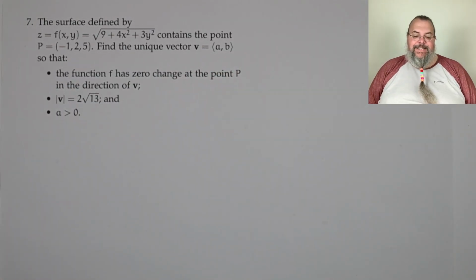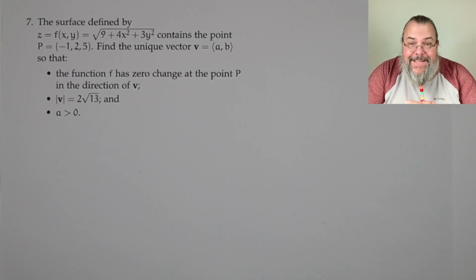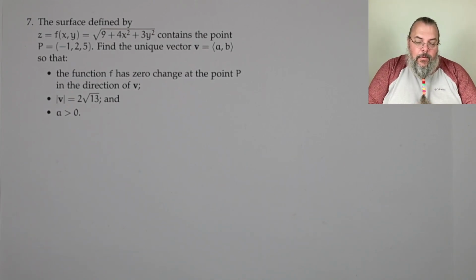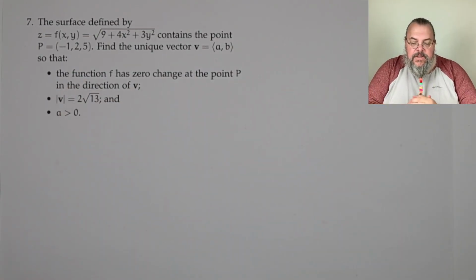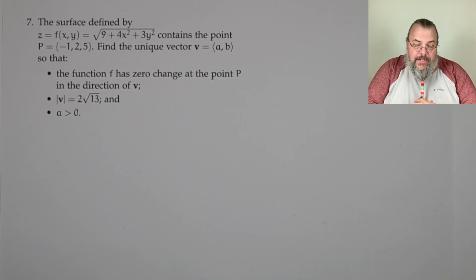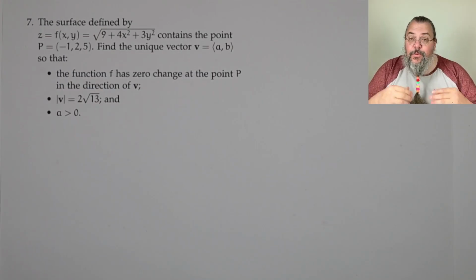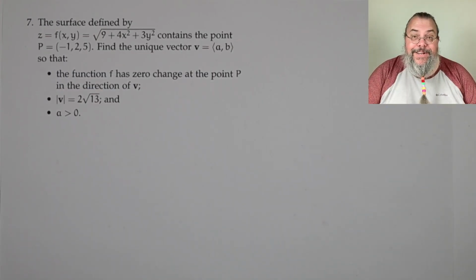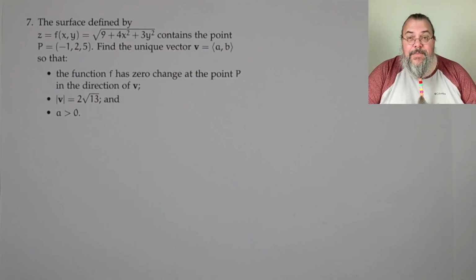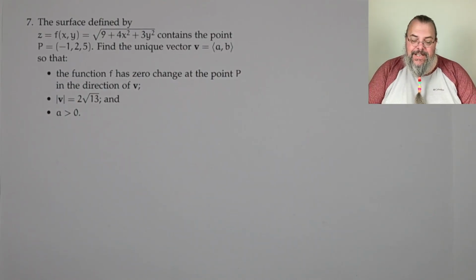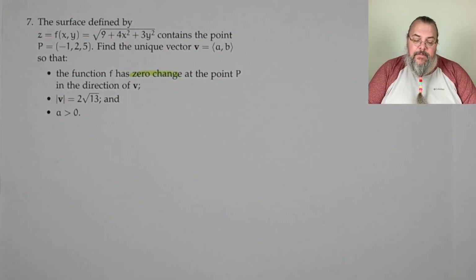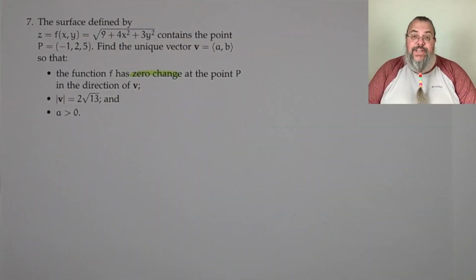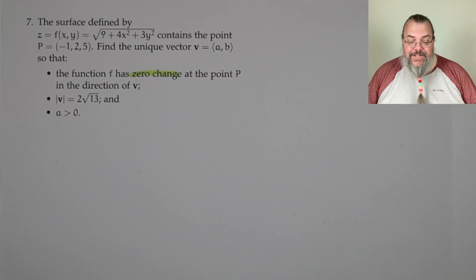Okay, all right. Let's think about what we need. Well, let's start. There's a lot of words on this one. It says the function f has 0 change. So what should we be thinking when we see words like change? How something is changing. What is that really saying? And not only is it change, it's a change in a particular direction.